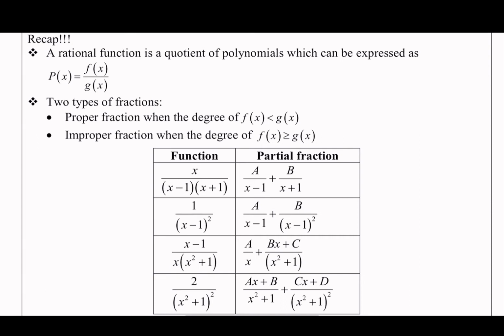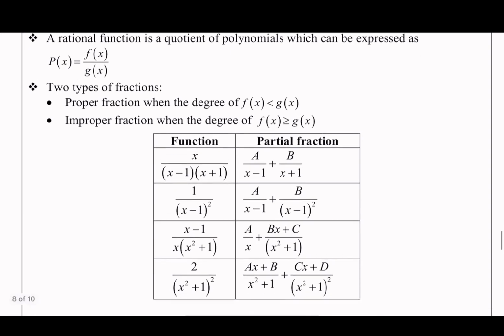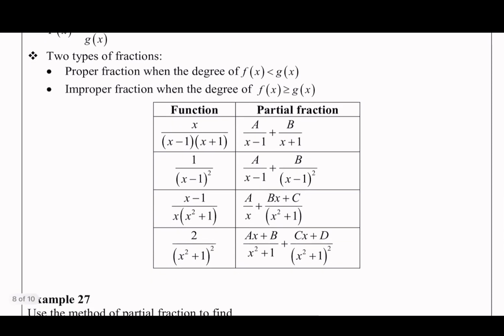Okay, for proper fraction kita tahu degree of f(x) lagi rendah daripada g(x). Improper fraction degree f(x) ni lagi tinggi daripada g(x) ataupun sama power lah. So this is a sum of function that use partial fraction yang kita boleh remember a little bit.